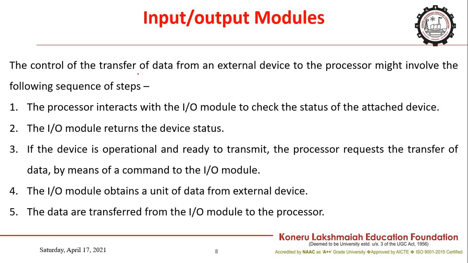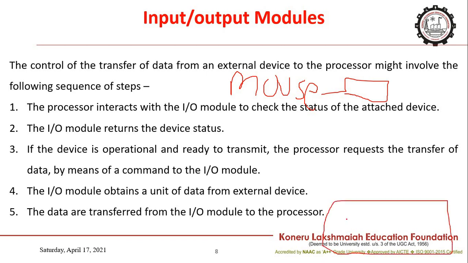If we insert a device to a processor, we have the insertion units, right? For example, if we insert a mouse with its USB cable, then after it gets inserted, it will show a pop-up saying your device is ready to use.